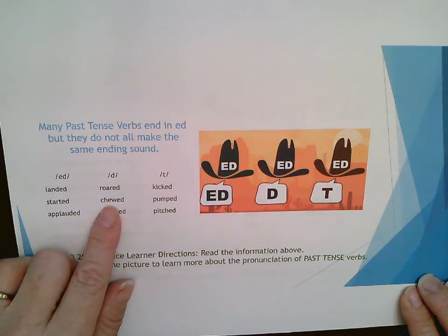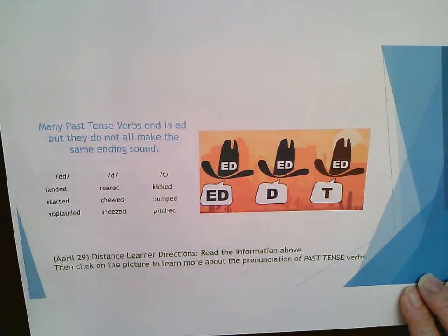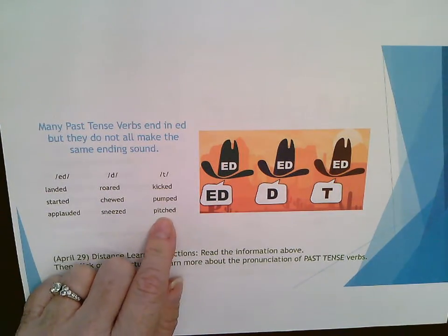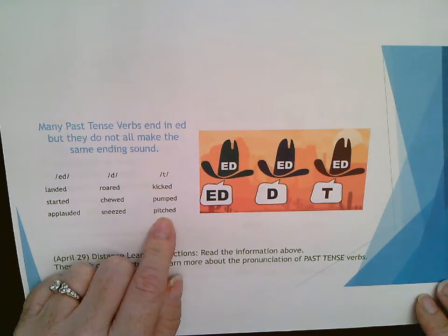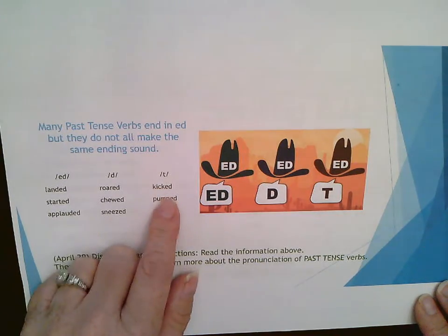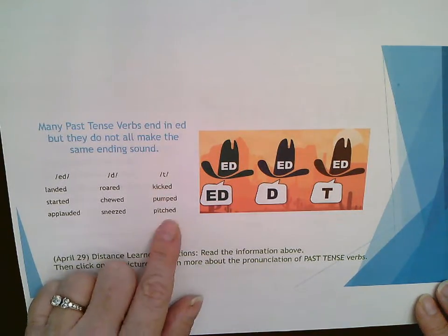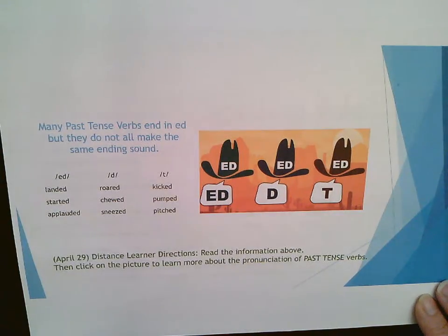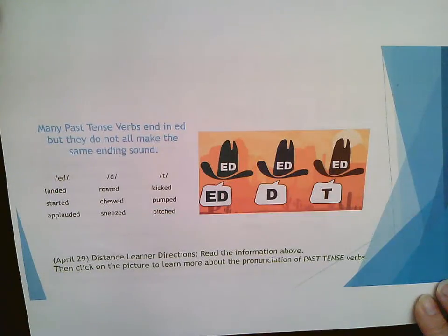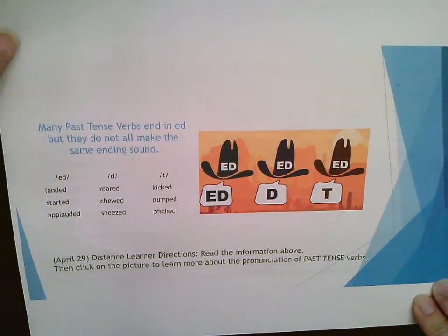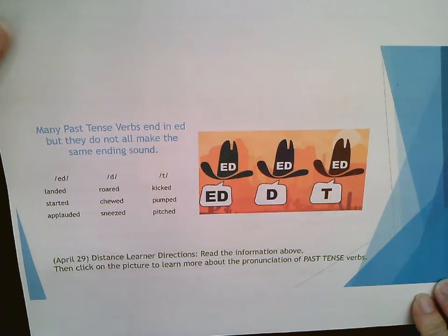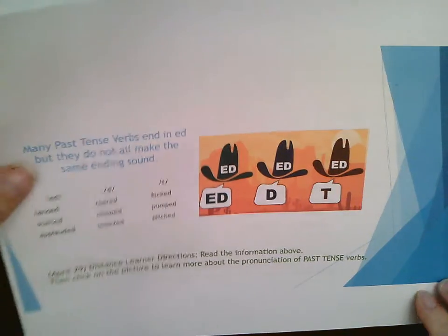Roared, chewed, sneezed. The d on the end. The last column of verbs with ed, the ending sounds like a t. Kicked, pumped, pitched. Many past tense verbs that end in ed sound a little bit differently at the end when we say them, but they do all end in an ed.